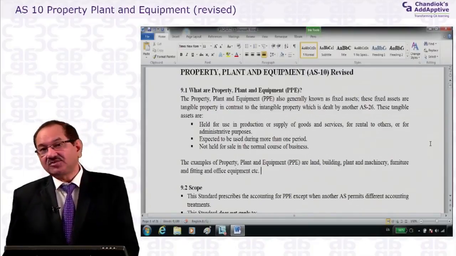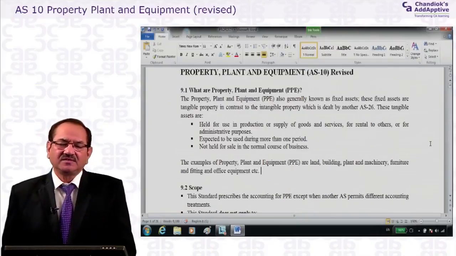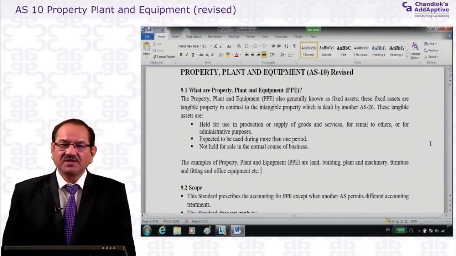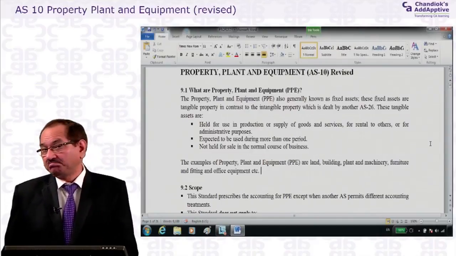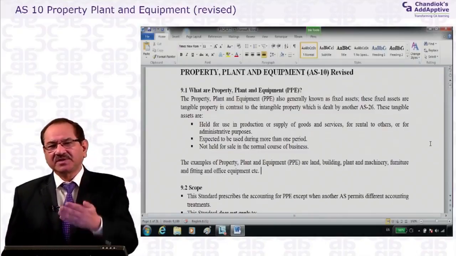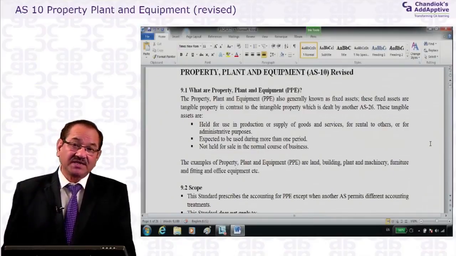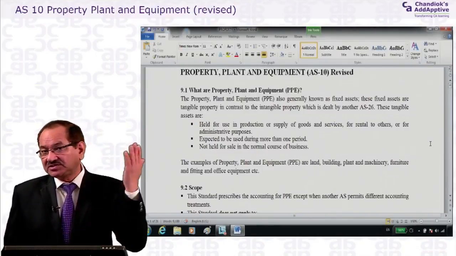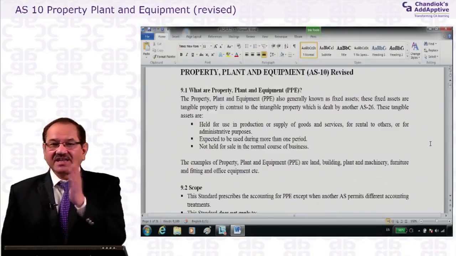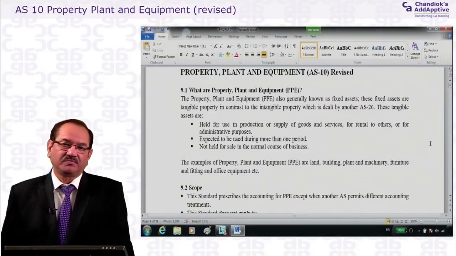But it doesn't mean that you can't sell it. After purchasing, if you find that you have purchased a wrong fixed asset, which is not suitable, you can very well change it. Or maybe after 2-3 years you find that it has become obsolete, and better upgraded versions of these fixed assets have come to the market. You may like to purchase it and sell the earlier one, you can sell it. But at the time of purchase, there is no intention to resell that asset.